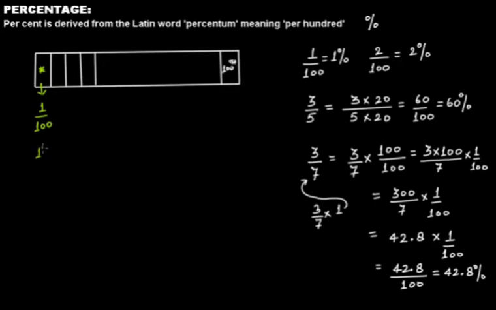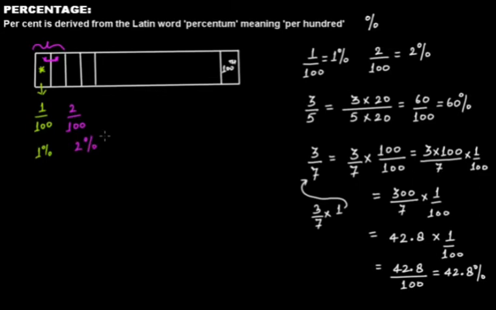This is 1%. Similarly, if we take this one and this one, these two are 2 over 100. That's considered a fraction. So what percentage is this? This is 2%. Okay.